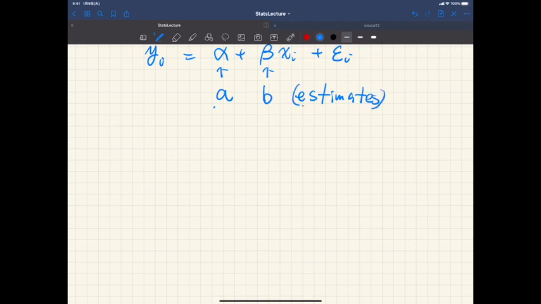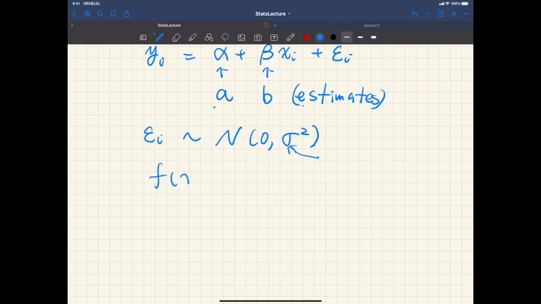Now we cast this problem of minimizing the sum of squared error as a maximum likelihood method. Since epsilon i follows a normal distribution with mean 0 and variance sigma squared, we don't know this variance exactly, but let's assume there exists some variance. Then the density function for the normal distribution is this.